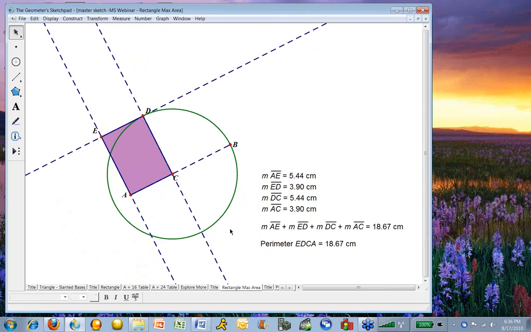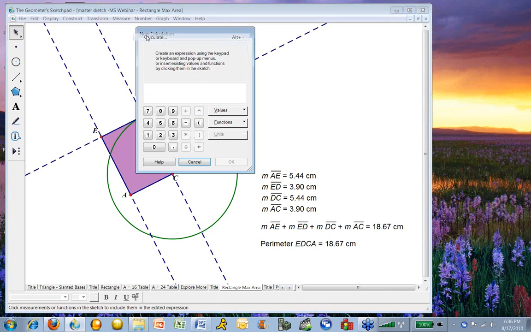So let's measure the area, do the same thing. So how do you find the area? The area is length times width, so let's work with AC and CD. So we're going to choose the measure of AC and times the measure of CD. So I'm going to go back and get my calculator. And I've already got the measures over here.